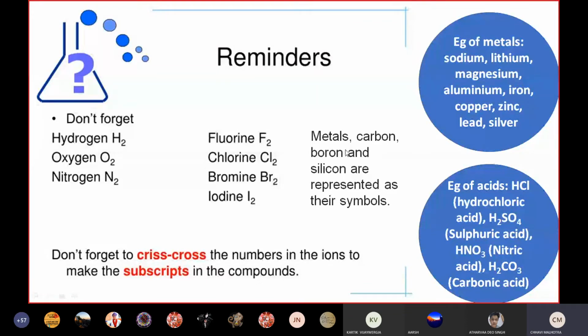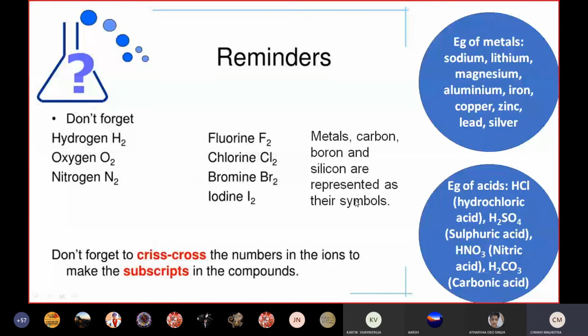Then metals, like you have studied sodium, aluminium, potassium, calcium, magnesium, lithium, beryllium, all these metals you have studied. Then carbon, boron, silicon, they are only represented with their symbols as single atoms. There you will not write 2. Like sodium is only written as Na.